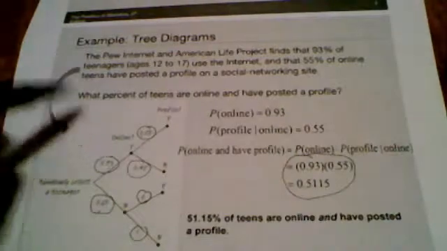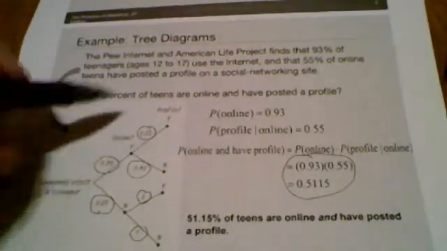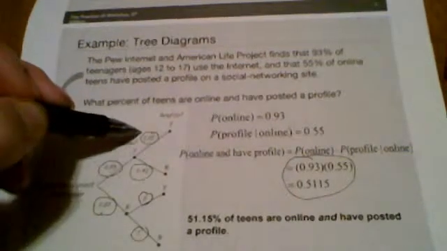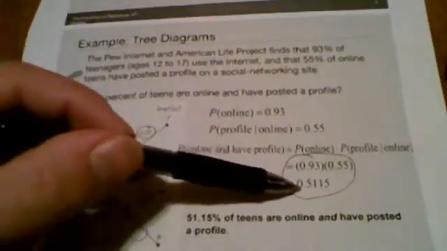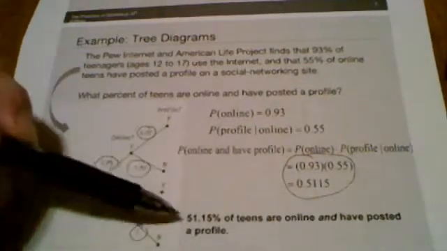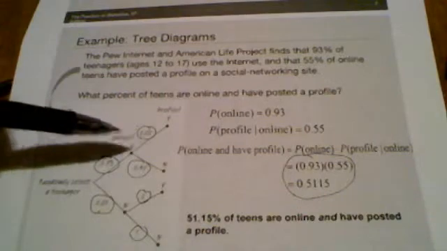Okay, so to find the actual probabilities, the probability of being online and creating a profile is 0.93 times 0.55, which is 0.5115. And what that tells you is a little over 51% of teens are online and have posted a profile.